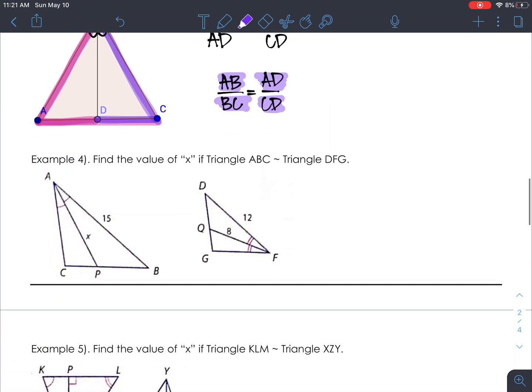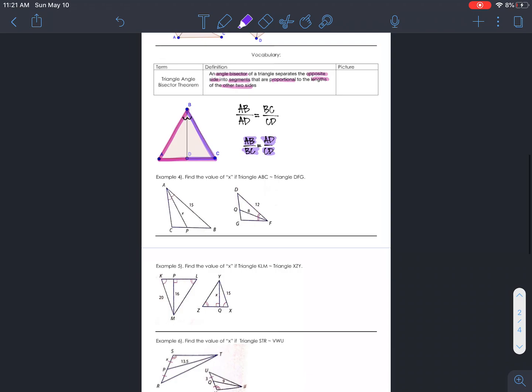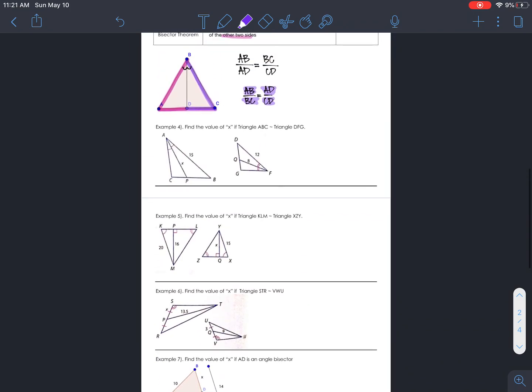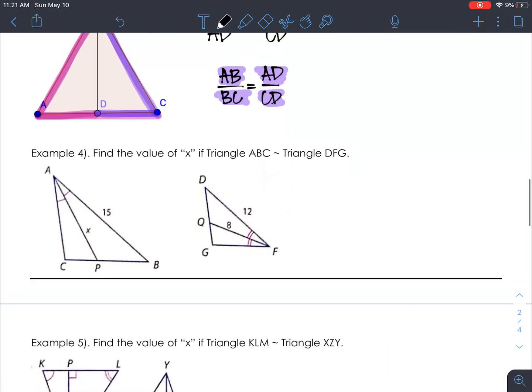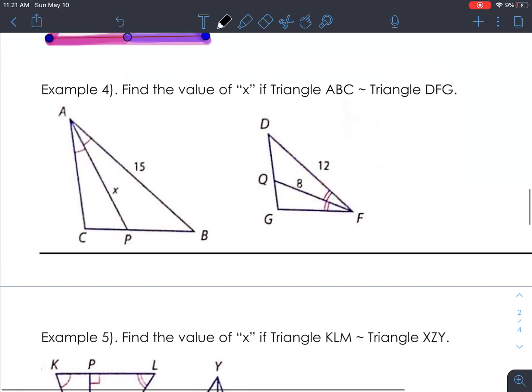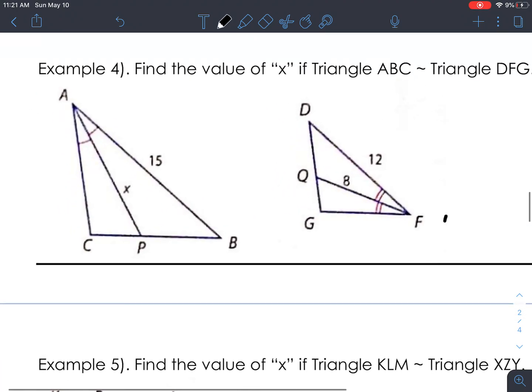So let's go ahead and do some practice problems for this. This is for all 4 of these different theorems. So in example 4, it says find the value of x if triangle ABC is similar to triangle DFG. So let's take a look at our picture. Which special segment do I have in there? Well, what I have in there is a bunch of angle bisectors.